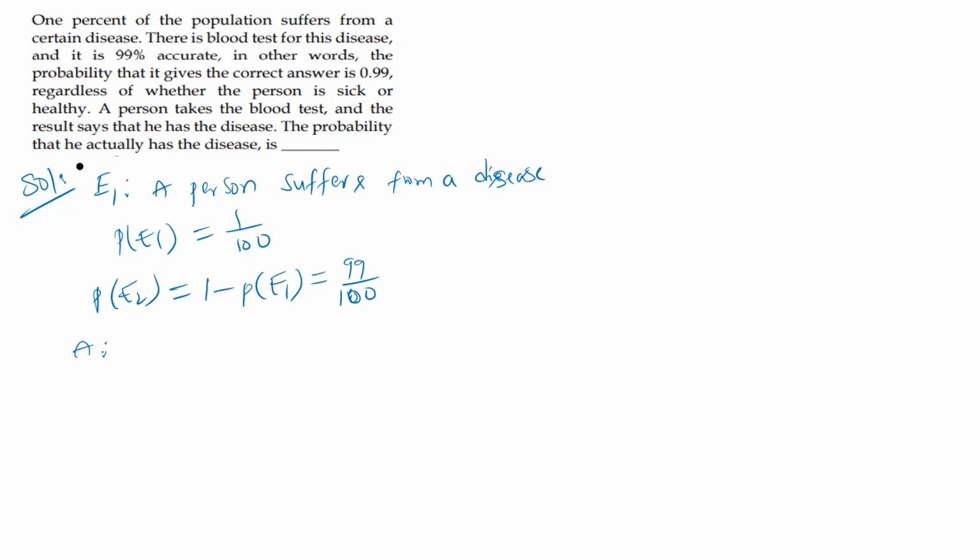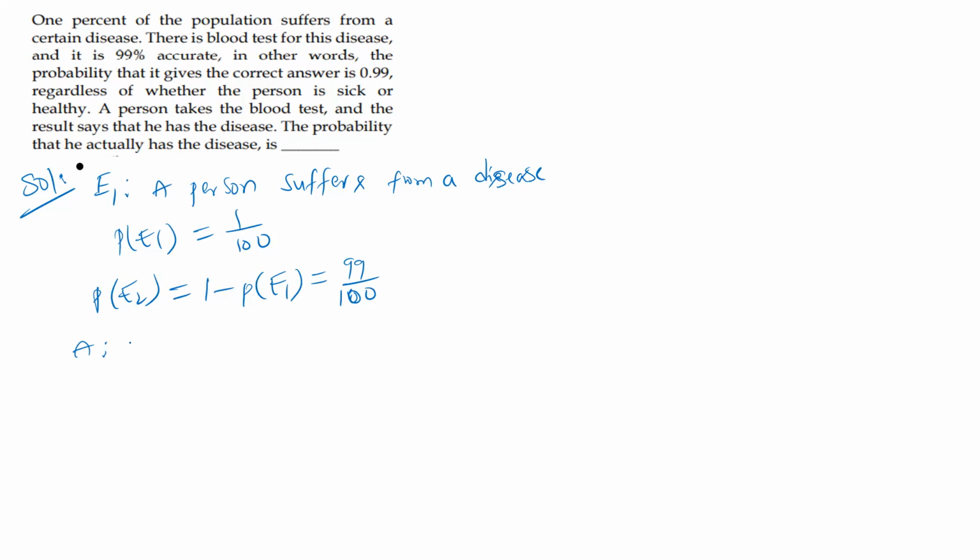Now I am taking another event which is associated with E1 and E2. What is the given condition? There is a blood test for this disease. It is 99% accurate. After testing the people, the test reports whether the disease is there. In other words, the probability that it gives the correct answer is 0.99, regardless of whether the person is sick or healthy, whatever it may be.